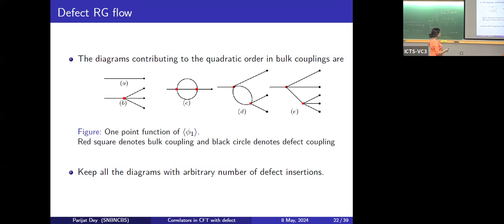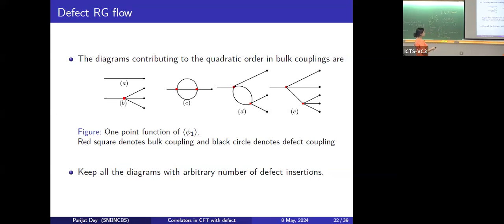So here we have one interaction in the bulk. This red square is the bulk interaction, and the black dots are the boundary interactions. These lines can end in three defect insertions in the boundary.